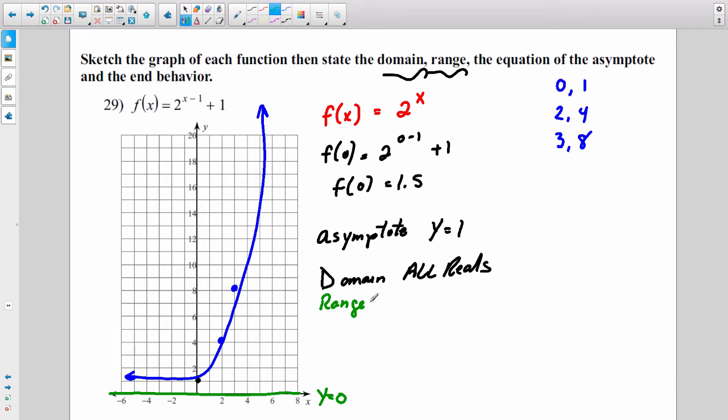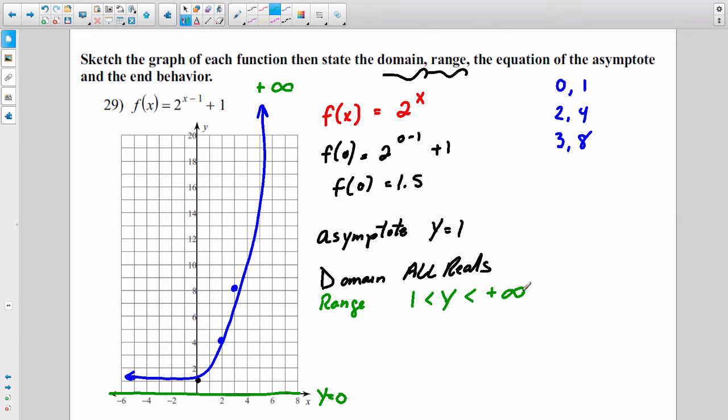So the range is going to be, oh, positive infinity, because there's the arrow heading northbound. However, remember the asymptotes. This graph comes down and lands, or tries to land, on the line y equals 1. Therefore, it never goes below it. So the range is pretty much restricted to be y greater than 1. Not equal to, please, only greater than, and less than positive infinity.